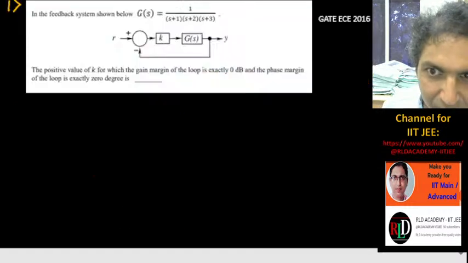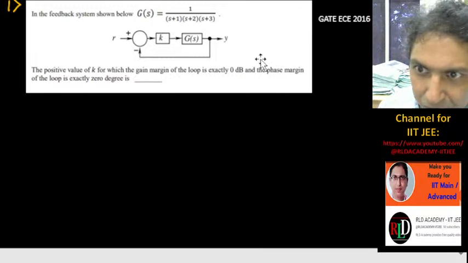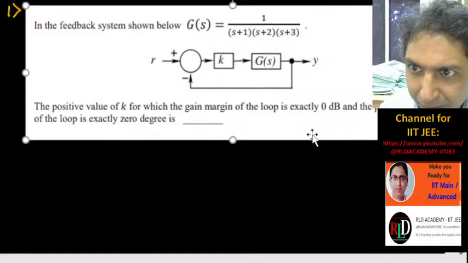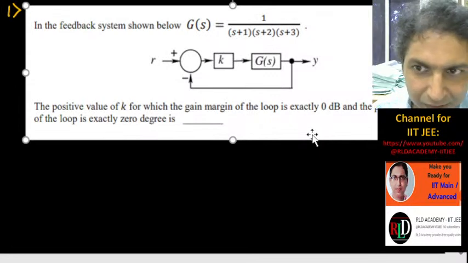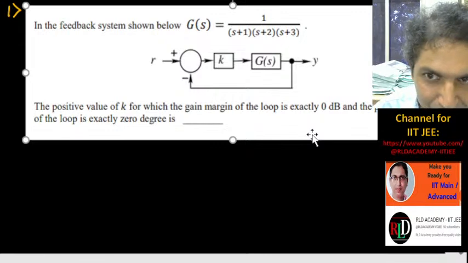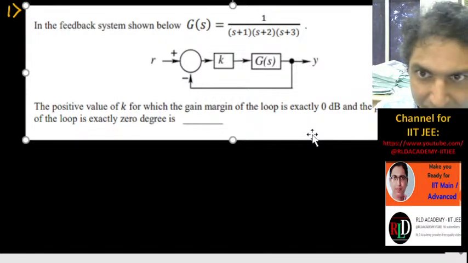So the first problem we'll discuss is this one. You can read this one. Now this is the problem. I think the screen is visible now.